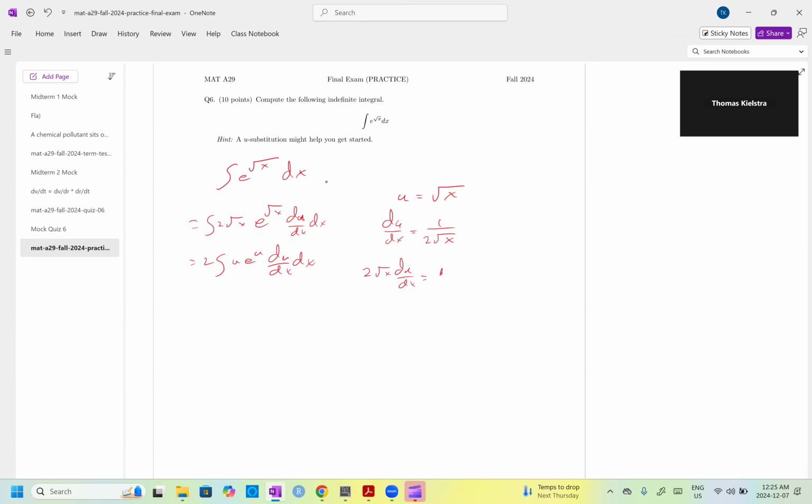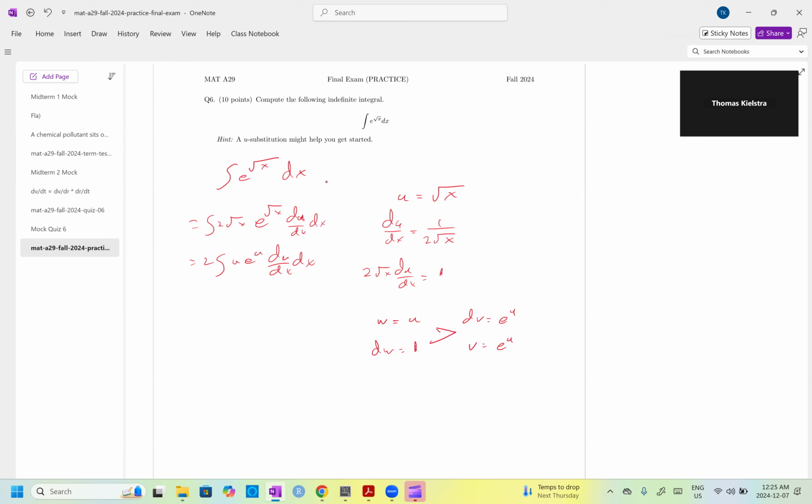And at this point, you might see an integration by parts. w equals u, dv equals e to the u, dw equals 1, v equals e to the u.